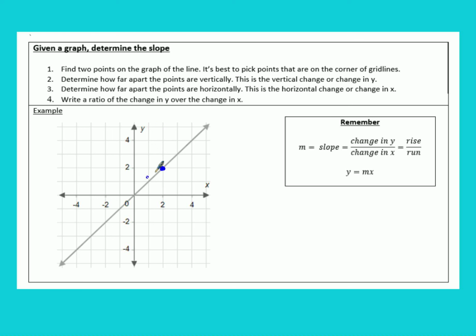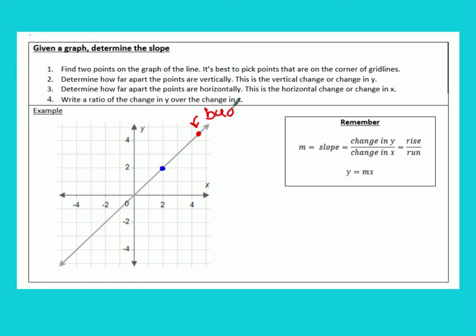You want to find something that's on the line and then pick something that is on the corner of a grid line. A bad point to pick would be something that's right in the middle of one of these boxes, because this is about 4.5, 4.5, and then that gets a little fishy if we're dealing with smaller graphs or more irregular numbers. So it's going to be best to pick those points that are on the corner.